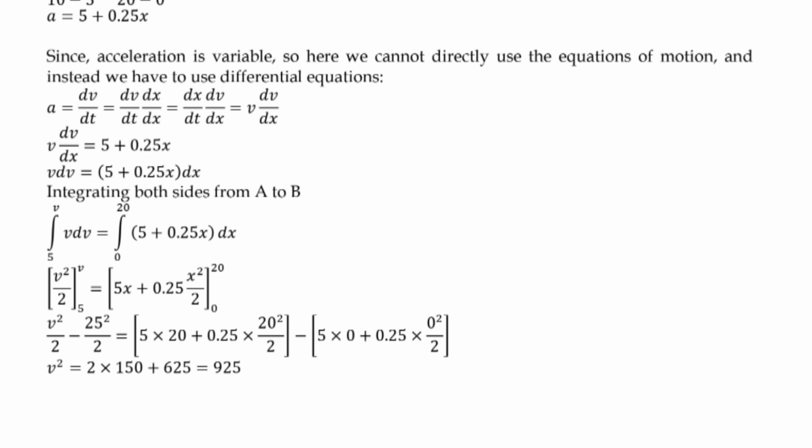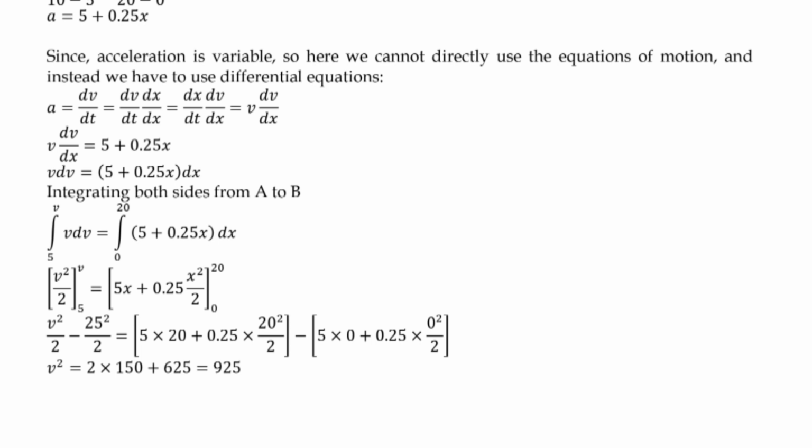The dx by dt becomes v. So acceleration can be rewritten as v dv by dx. This relation is very important and to be used mandatorily when we are dealing with problems where acceleration and distance are in question.